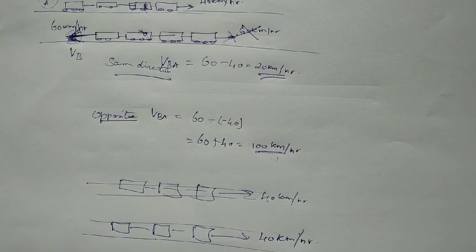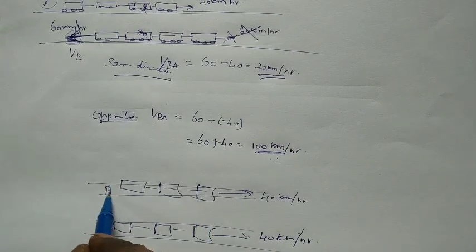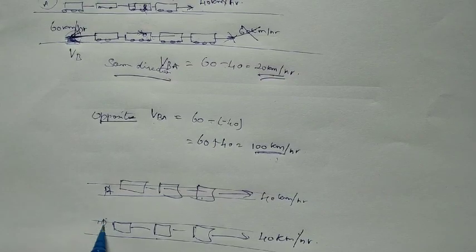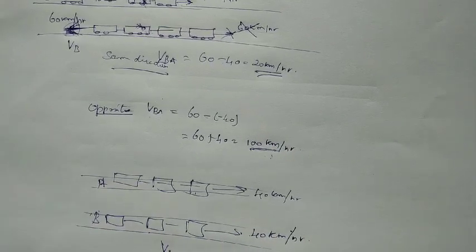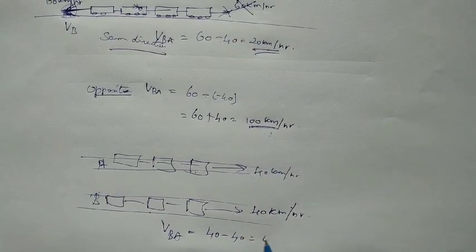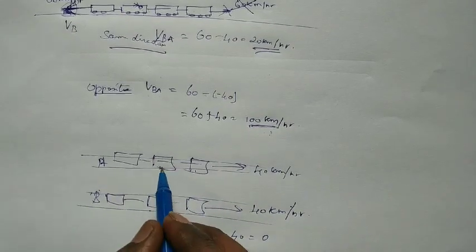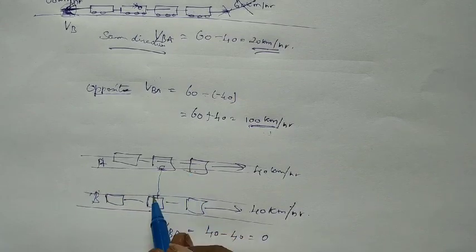Then what is the relative velocity of B with respect to A? You will impose this one on the other one. So VBA is equal to 40 minus 40, which is equal to 0. You will find your window is here and the opposite window is traveling at almost the same rate.